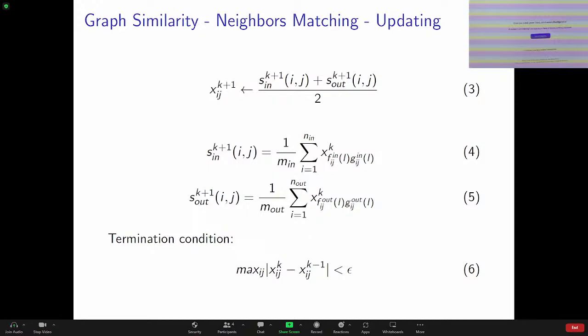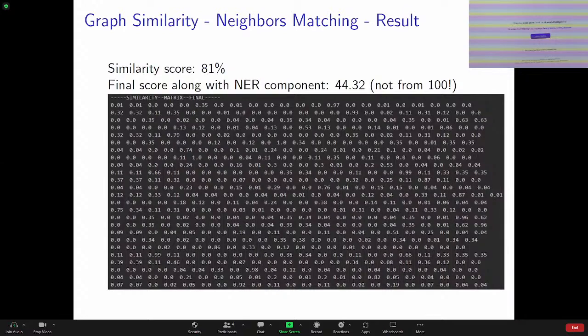The in similarity of the nodes and the out similarity of the nodes is given by the best matching between in neighbors of each of the nodes from the different graphs. And here is the termination condition. Moving on, I outputted the final matrix representation, and how we extracted the similarity score from this matrix was a best first match. For example, from the first row we took that 0.97 and marked that column as being taken.